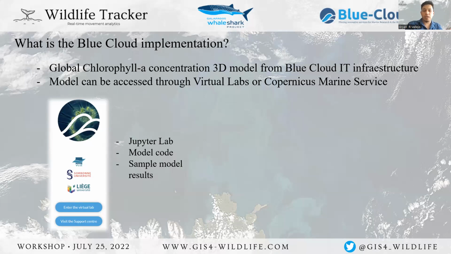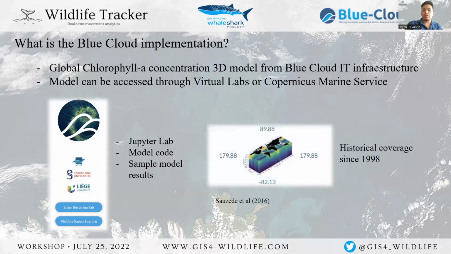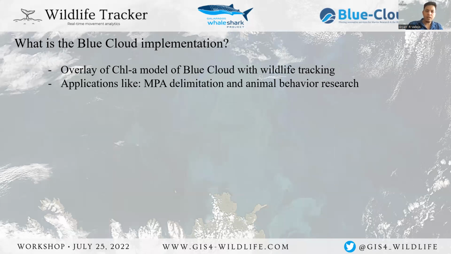This is how this implementation started with us. And you can also access Copernicus Marine Service, and they have historical coverage. Actually, this dataset covers from 1998 until 2019. So this is the dataset which is implemented behind the wildlife tracker.